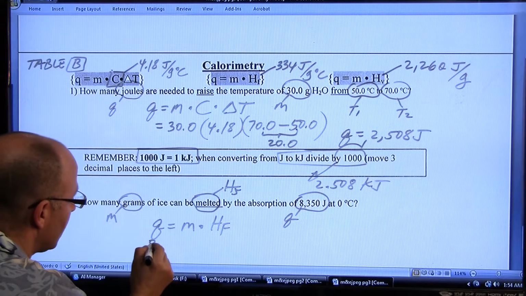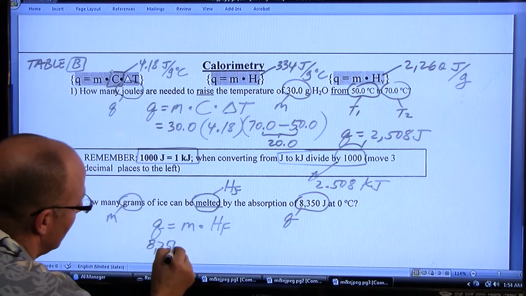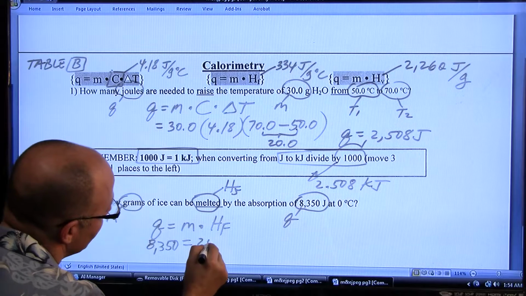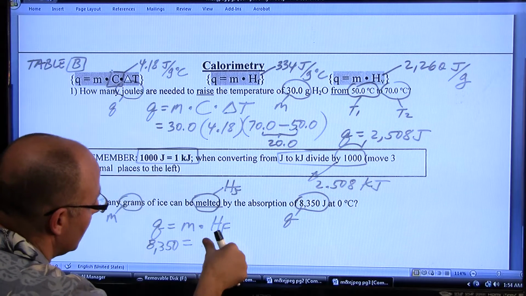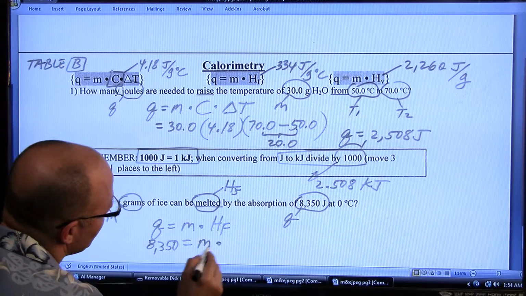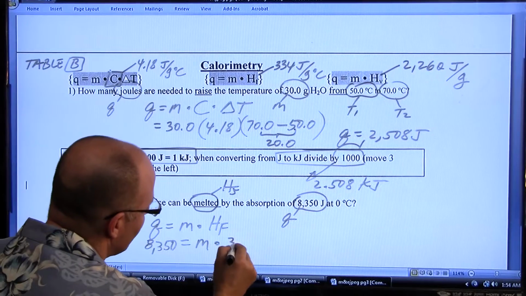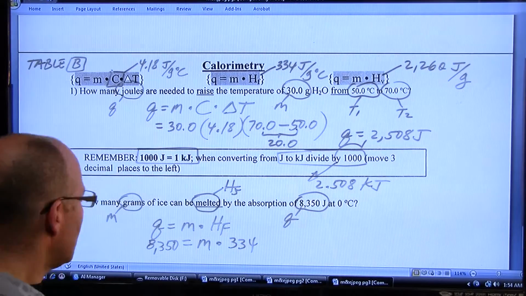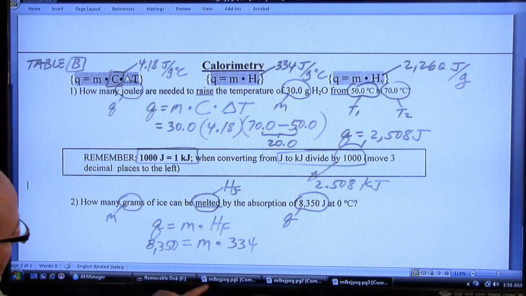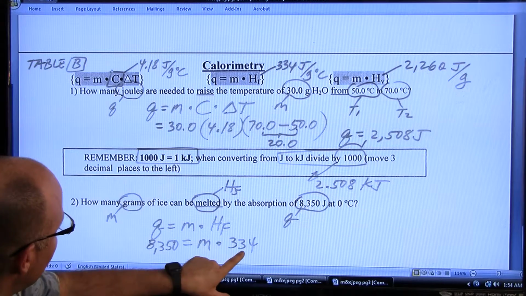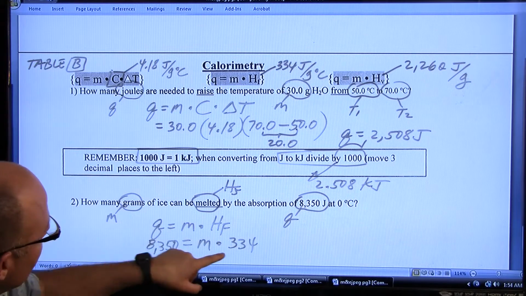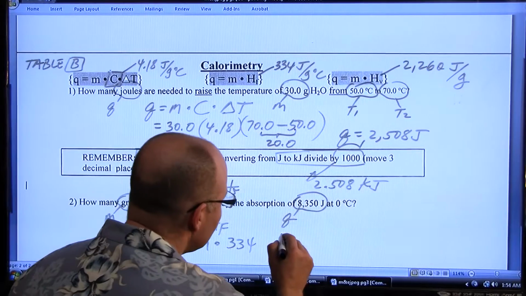Q, 8,350, equals M, which is your unknown, times HF, 334. So to isolate M, since they're married by multiplication, you're going to have to divide the 8,350 by 334.